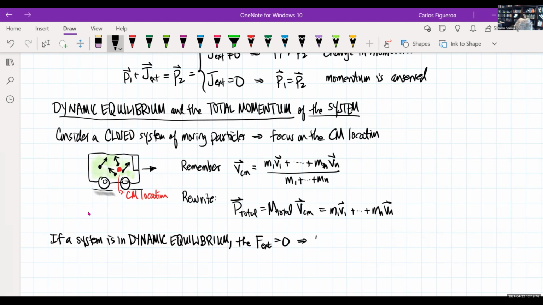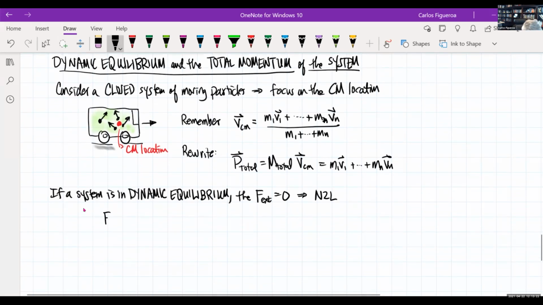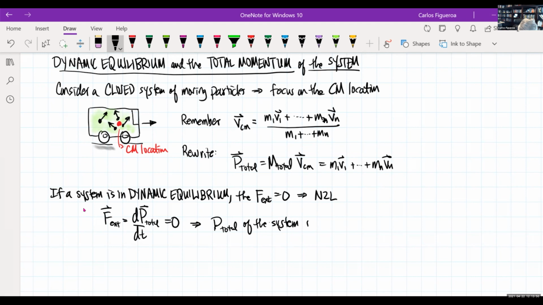So this implies then, what does Newton's second law tell us? Newton's second law tells us that the external force must be equal to what? The derivative of this thing. But now we're talking about a system. So this is the total momentum that I'm looking at. But if that external force is zero, then what this tells us here is that the total momentum of the system is a constant of the motion.